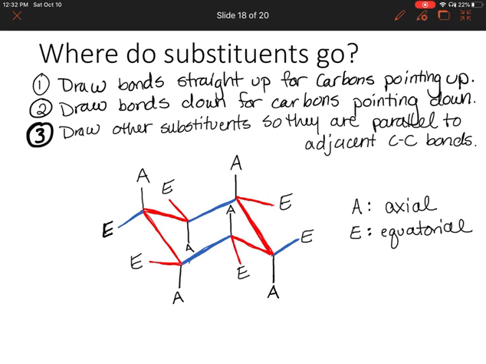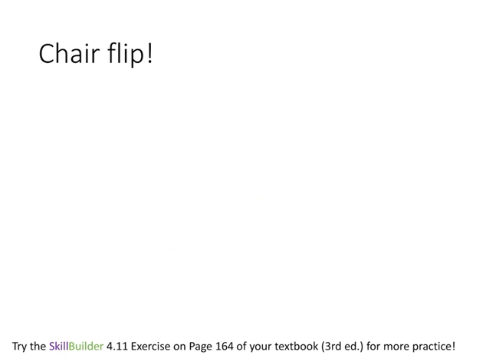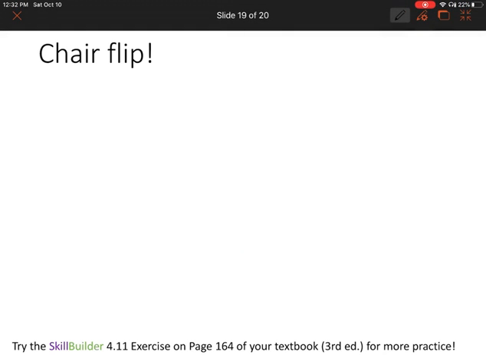Okay, so what happens if we flip the chair? So let's talk about that. Chair flip. All right, so I'm just going to redraw the chair conformation, but I'm only going to draw two substituents.